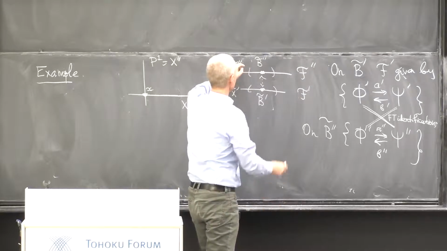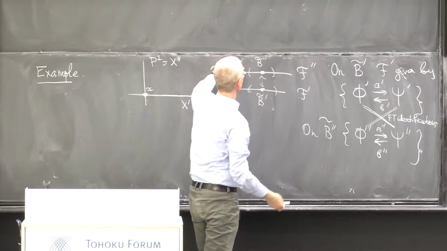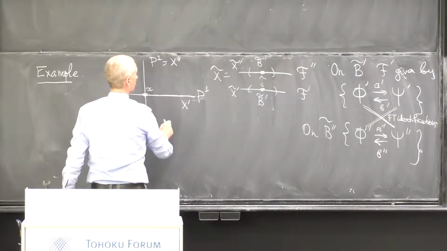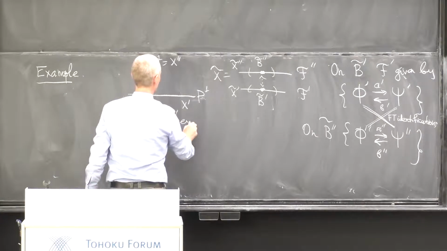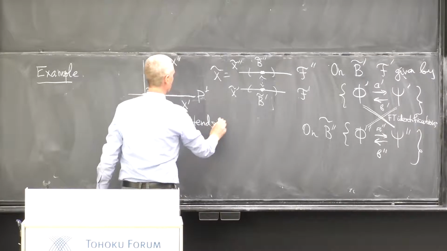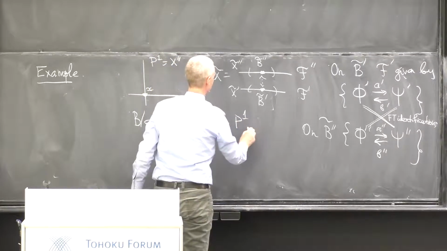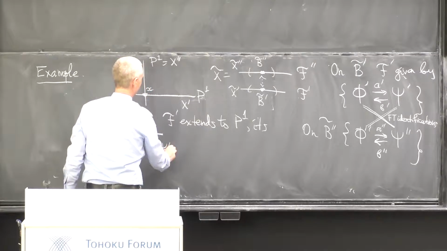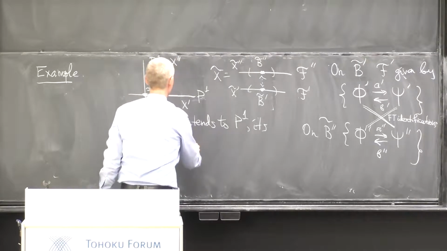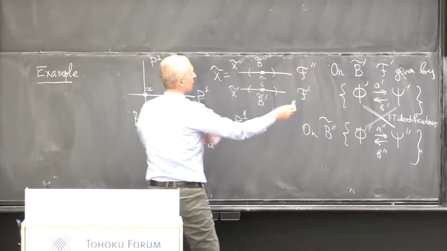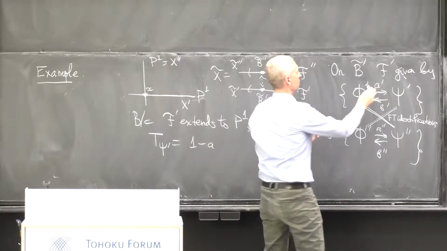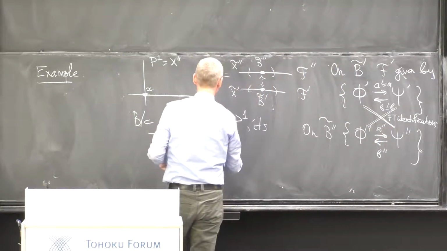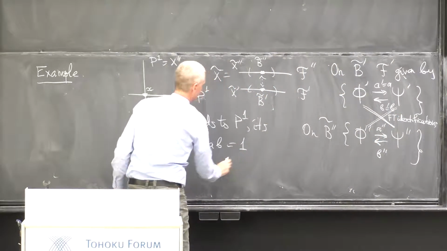So what does this mean? It means that around infinity there is no monodromy. Because F prime extends to P1, its monodromy with respect to C, which would be 1 minus, let's call this A and let's call this B, 1 minus AB, is equal to 1.